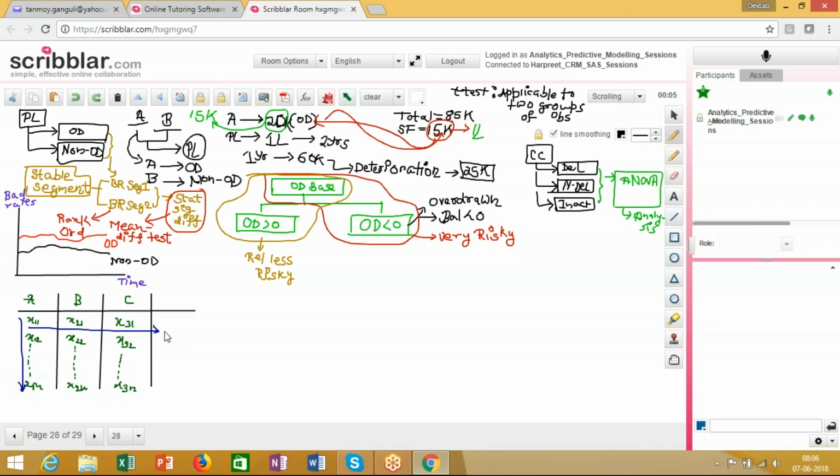One, we need the across the group variation.